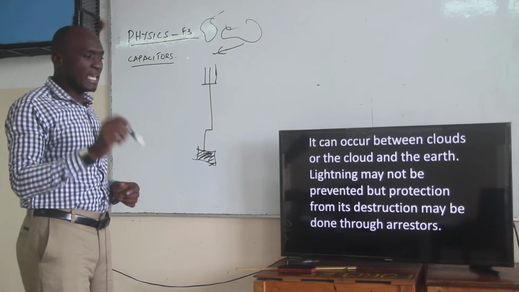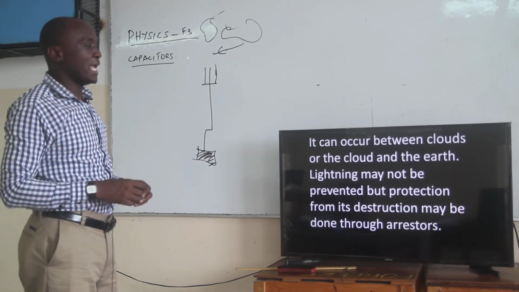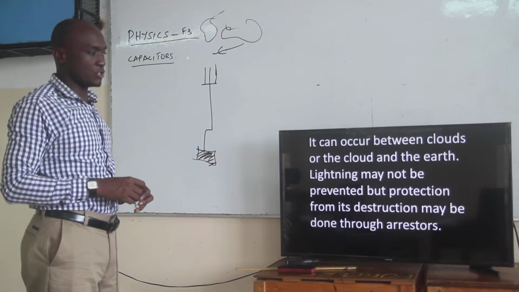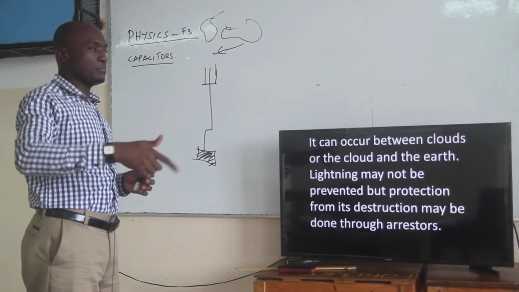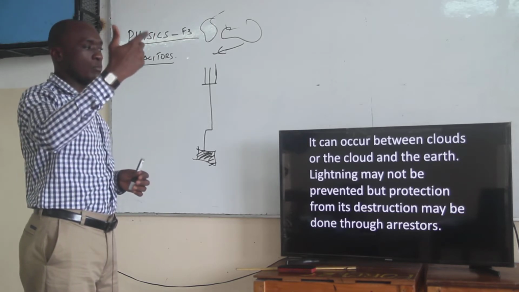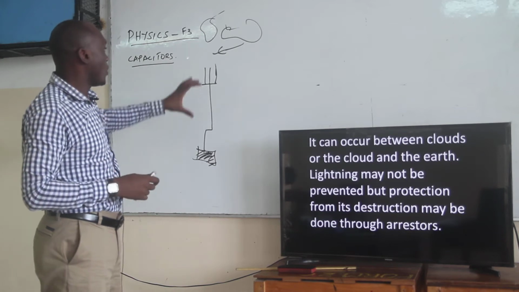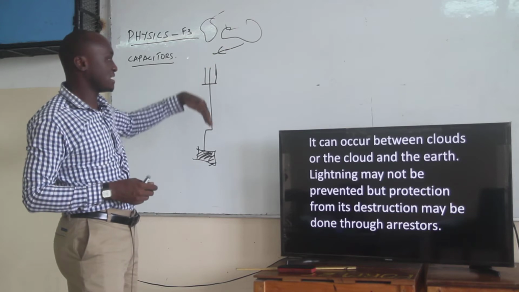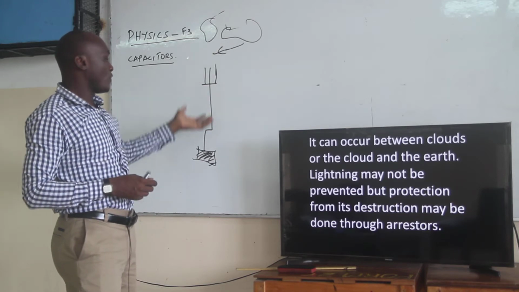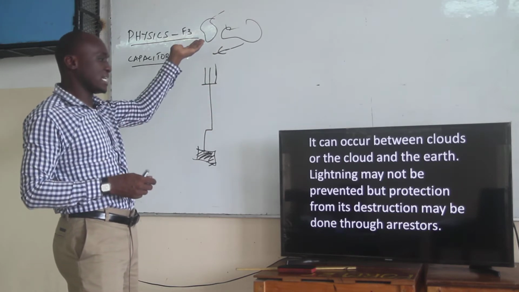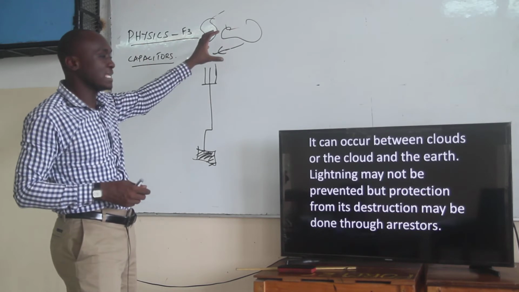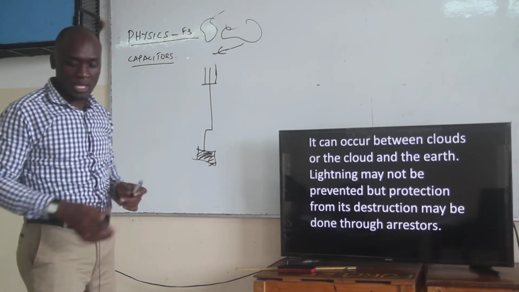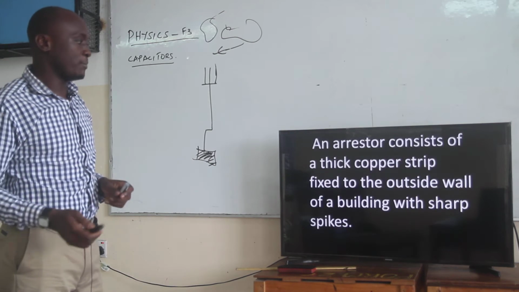Remember, inside the ground we have a lot of electrons, which you call the negative charges. So the electrons can move upwards or downwards depending on the effect happening up here. If there are positive charges, the negative charges will move up and neutralize the effect, and there will be no effect on the buildings and so forth.